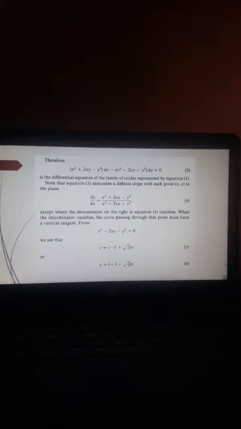So, therefore, x squared plus 2xy minus y squared dx minus the quantity of x squared minus 2xy minus y squared dy equals 0 is the differential equations of the family of circles represented by equation 1. Note that equation 3 associates a definite slope with its point xy in the plane.